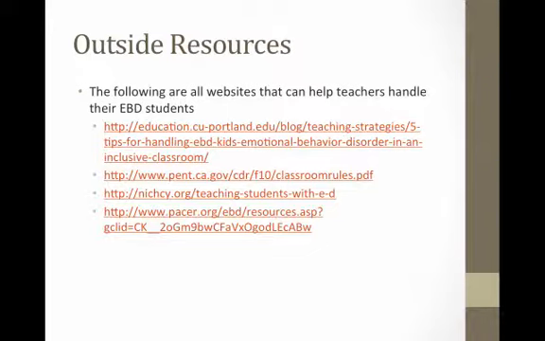All right, so moving on, our group also looked up a bunch of different outside resources that teachers can use to handle students with EBD. Here, let's click on the first one.